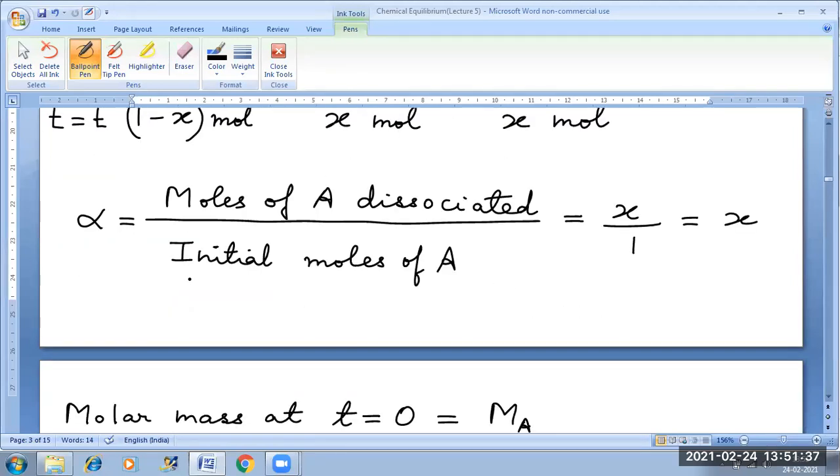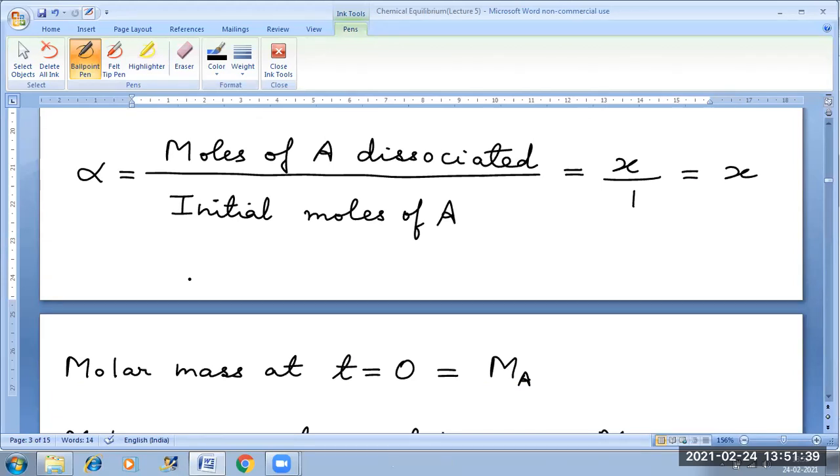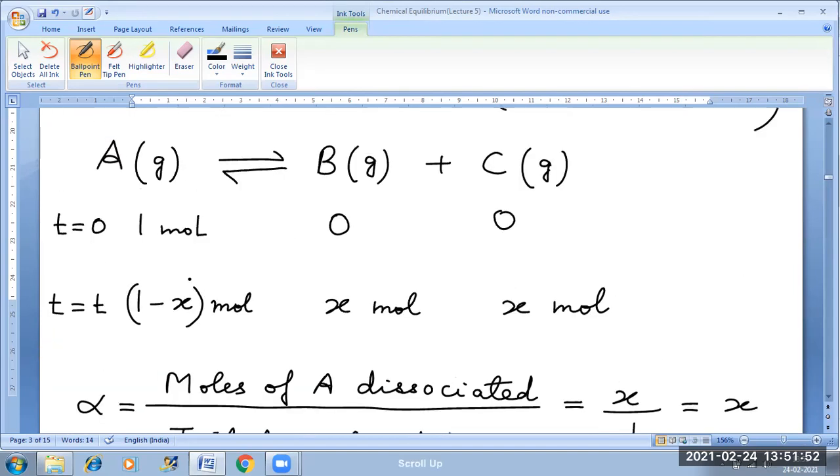Molar mass of A is Ma, because only A was present at T equal to 0. So molar mass of system is Ma at T equal to 0. That is initially when only A was present.